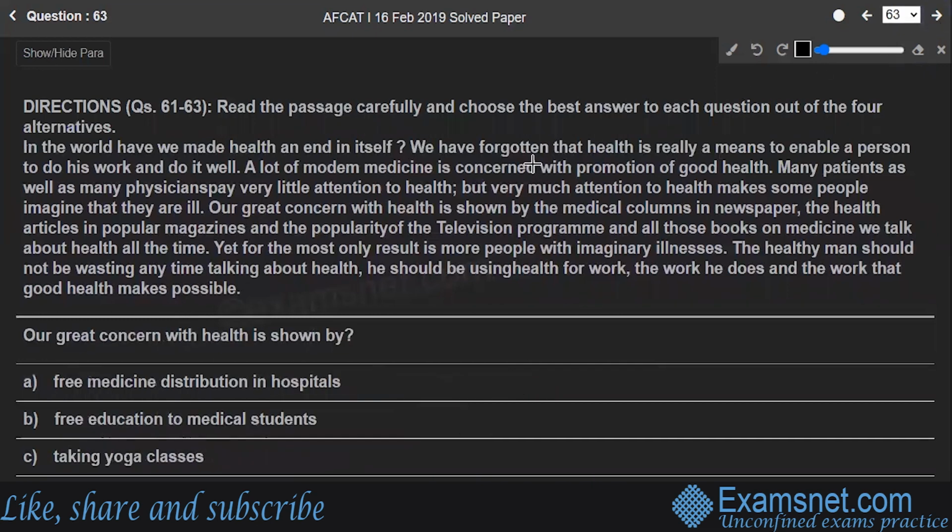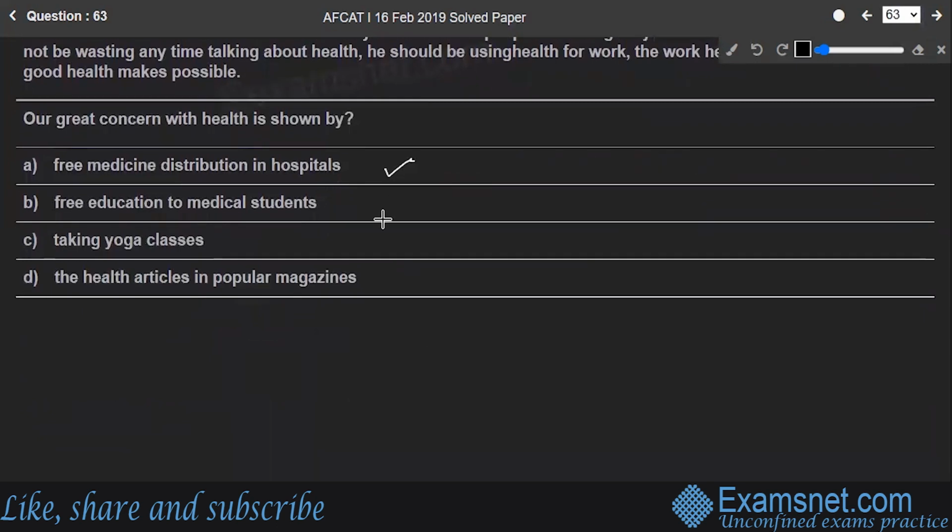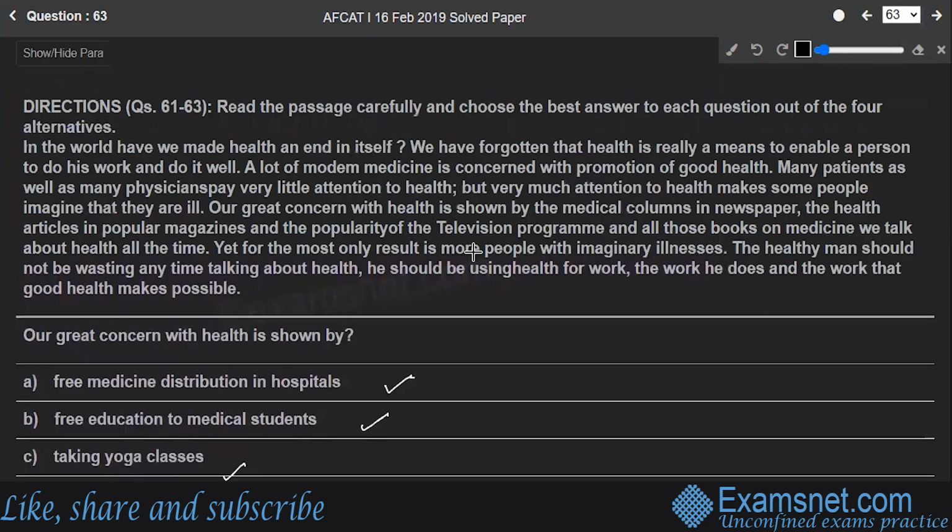Question number 63 is the next one. It is asking you, our great concern with health is shown by free medicine distribution hospitals, free education to medical students, taking yoga classes, or the health article in popular magazines. So let's go to the paragraph again. It is saying our great concern with health is shown by the medical columns in the newspaper.